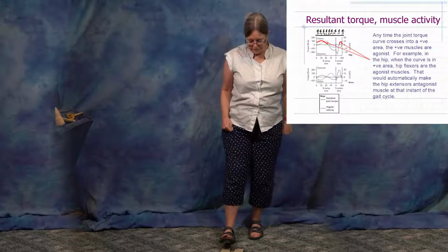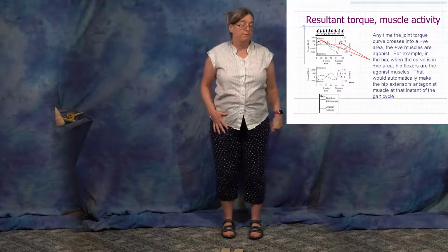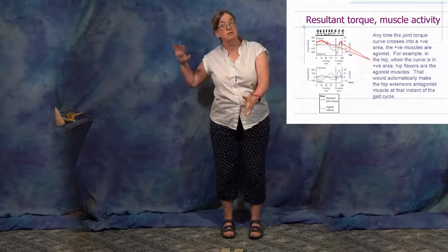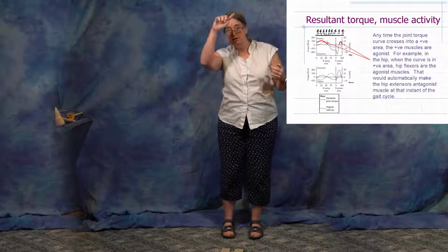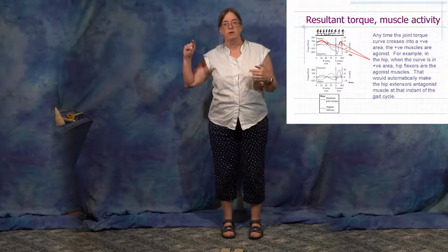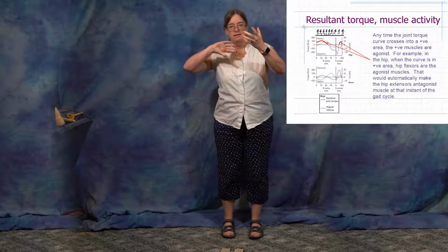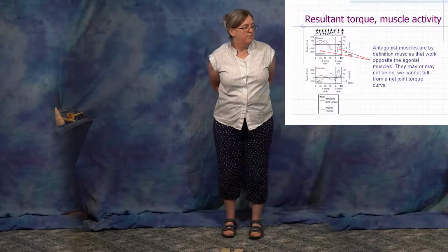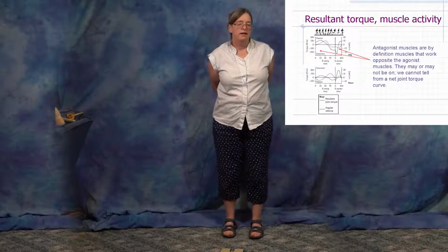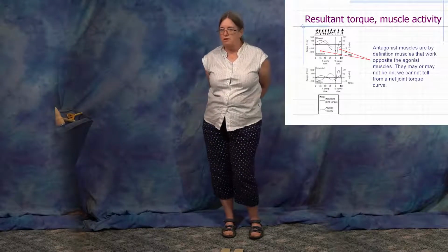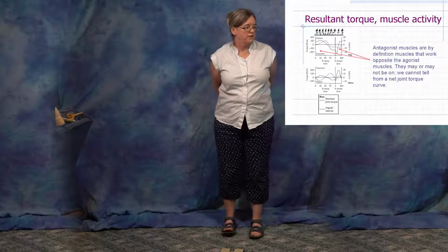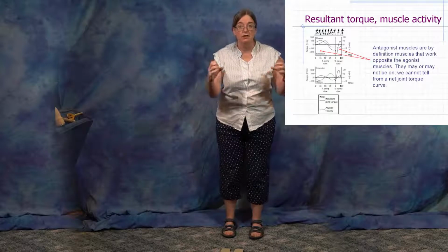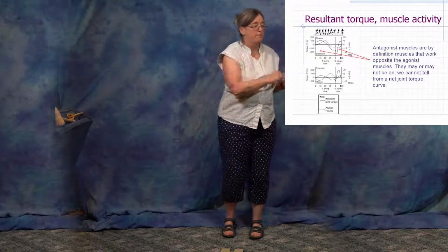So whenever the flexors are the agonist muscles, the extensors would be the antagonist muscle, and as soon as the curve crosses zero and goes to the other side, that relationship flips. Again, as I said, the antagonist muscles are by definition the muscles that work opposite the agonist muscle, meaning they don't do what you want to have happen.